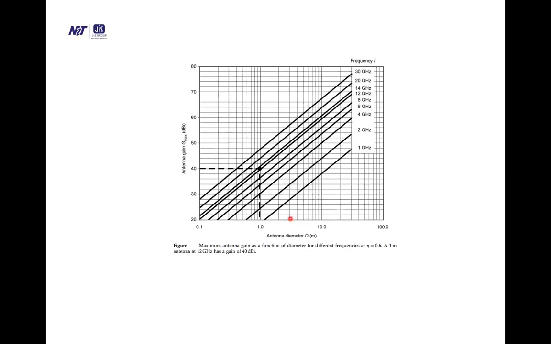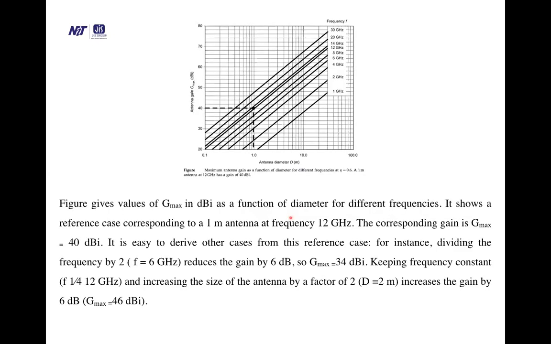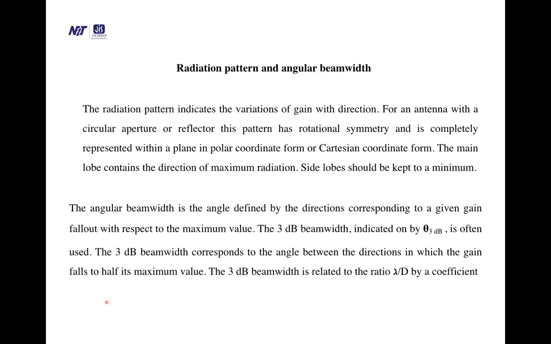It gives an idea of how the diameter and corresponding frequency change. So Gmax in dBi as a function of diameter for different frequencies shows a reference case corresponding to a 1 meter antenna at 12 gigahertz, with a gain of 40 dBi. It is just giving an idea, nothing much.